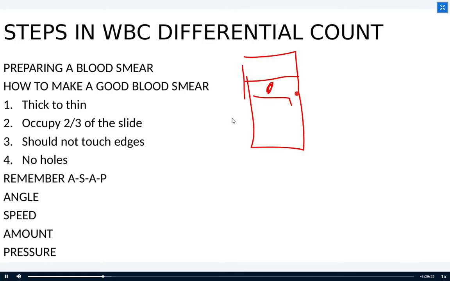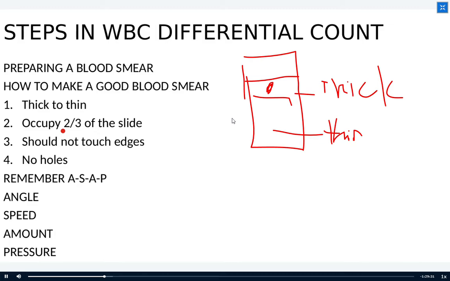Your starting area should be thick. And as you smear it along, as you go down, the final area should be thin. Then it should only occupy 2/3 of the entire slide. So like this one, class, only the 2/3 of the slide would be occupied.